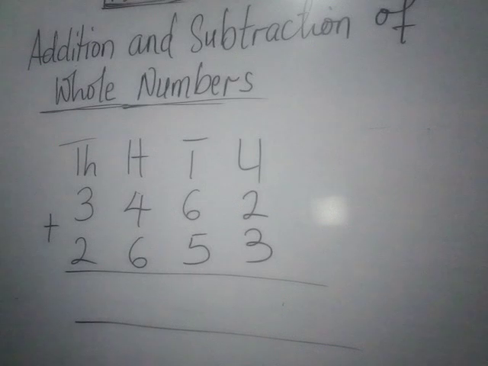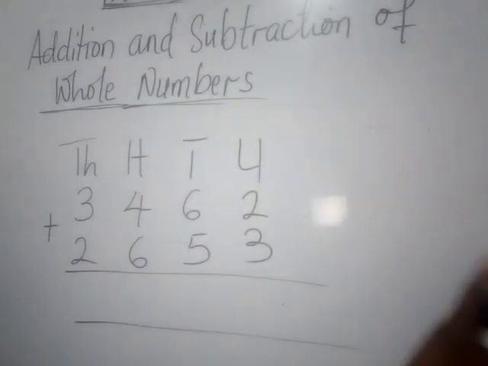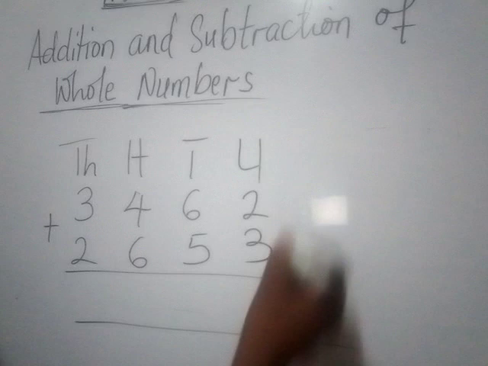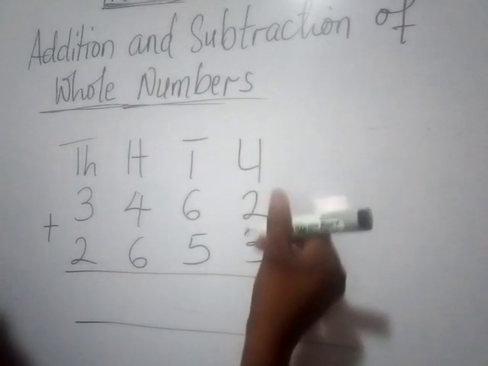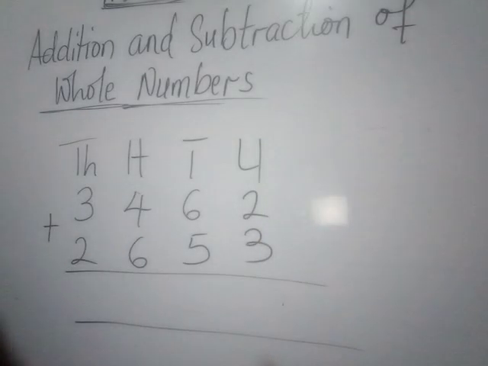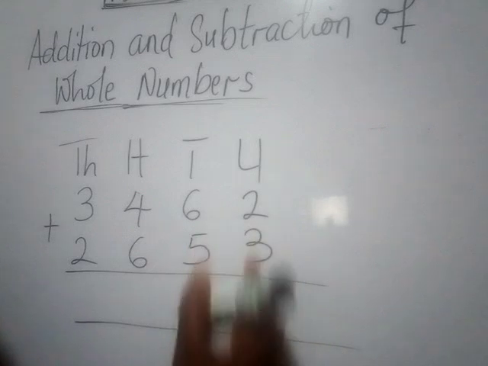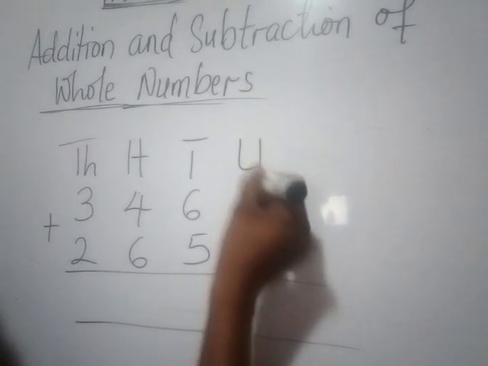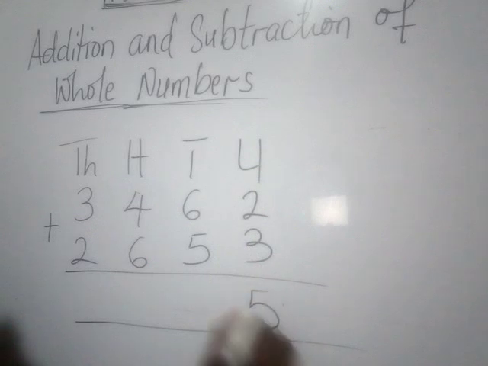Remember, whenever you're doing your addition or subtraction, you always start from the extreme right end, that is the unit side, and that's the side that has the least value. So we start with 2 plus 3. You can always keep the bigger number or digit in your head and add on the other steps. So 3 in our head, we add 2, 3, 4, 5. So 2 plus 3 is 5.